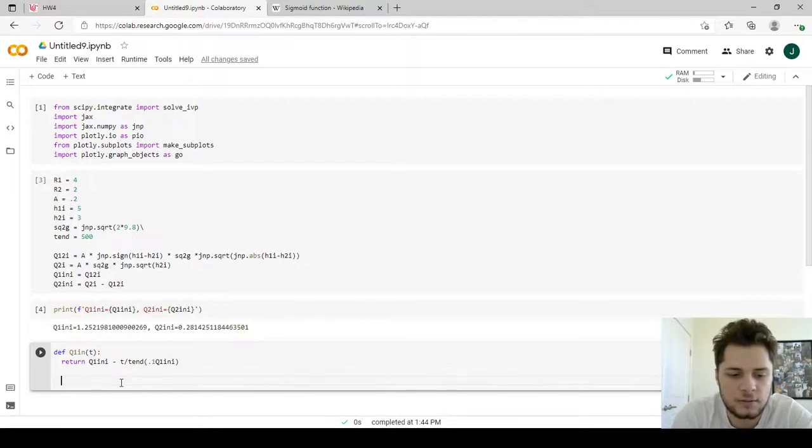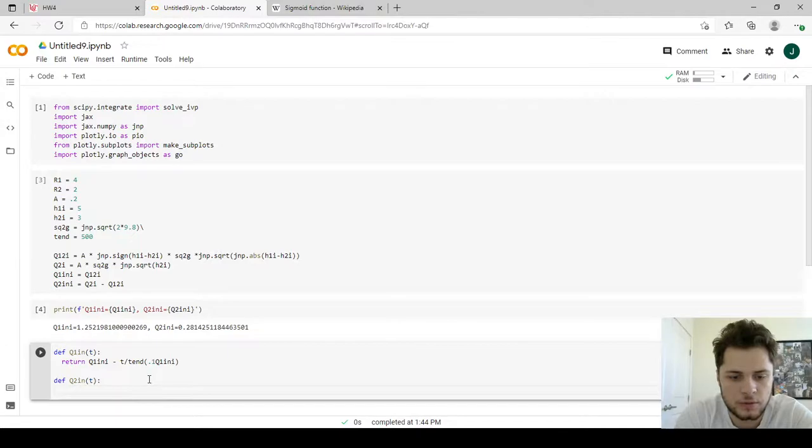And for tank 2, let's increase it by 20% over the same time period. So we want to return Q2n initial plus T over Tn times 0.2 times Q2n.